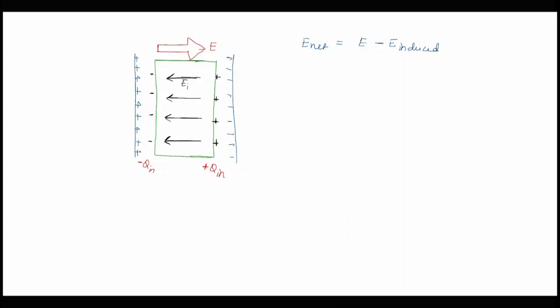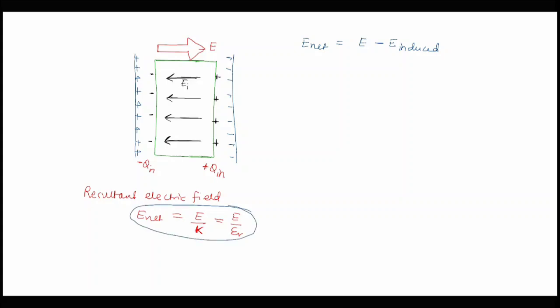The resultant electric field inside the dielectric will get reduced by a factor of K, also designated as epsilon r. So K and epsilon r represent the same thing, that is the dielectric constant of the medium, also known as the relative permittivity of the material. It is the factor by which the electric field inside the dielectric material gets reduced when it is placed in an external electric field.